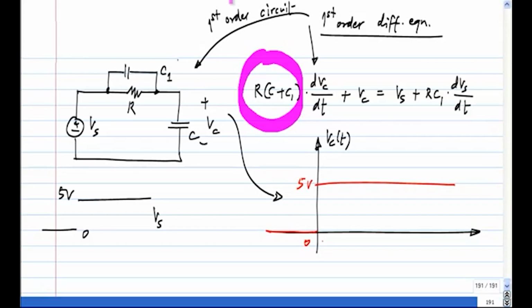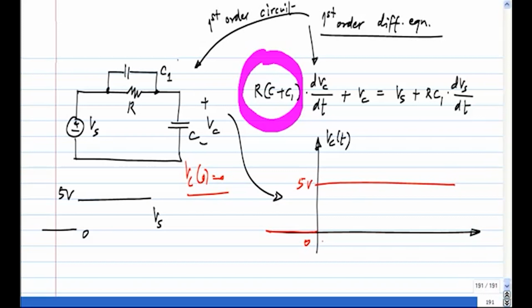Well, we have done it without that capacitor C1, right? What is the voltage on the capacitor C just after applying the step? Before I do anything, it has 0 volts across it. Previously we said the capacitor voltage cannot jump.